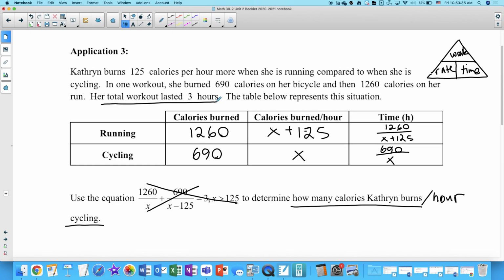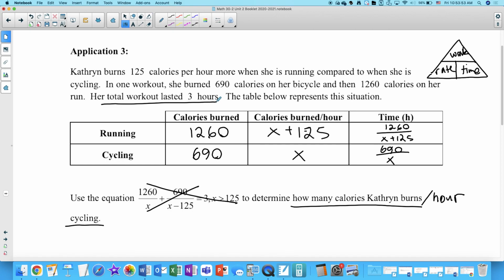Okay. So total is 3 hours. Total of what? Total time, yes. Her total time is 3 hours.